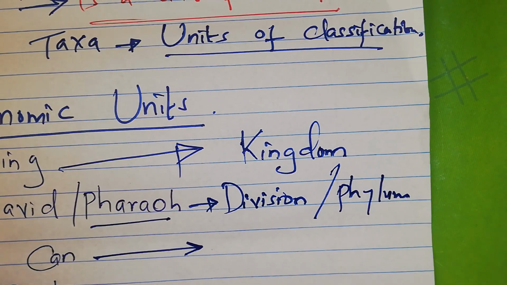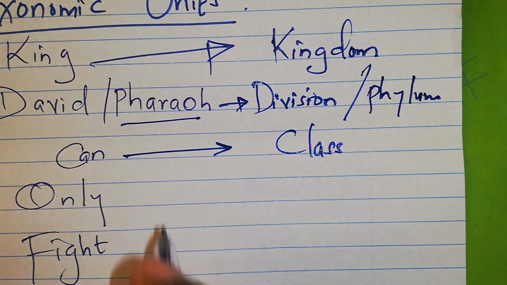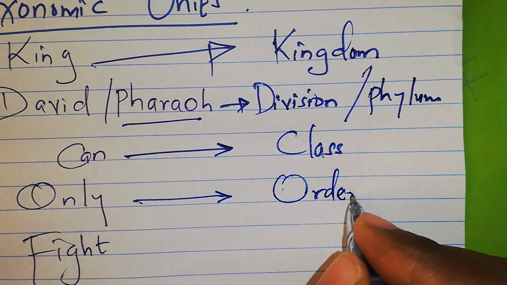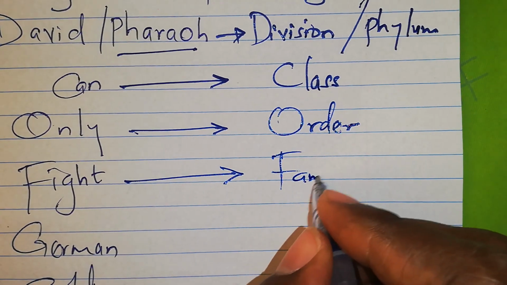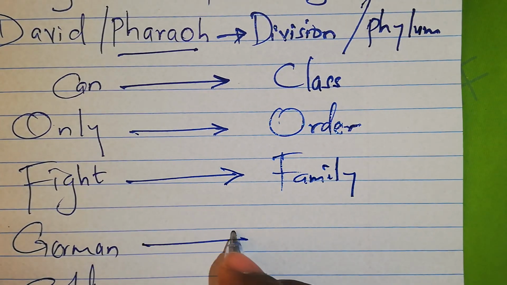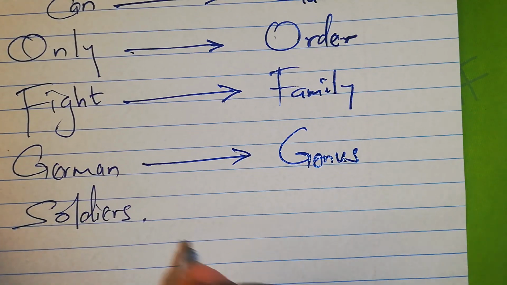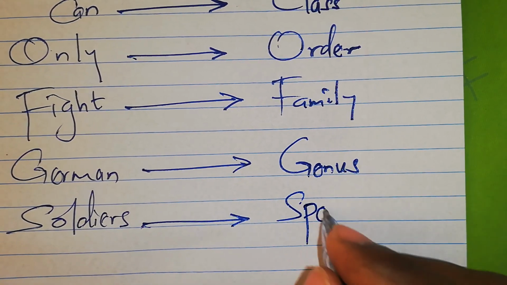Can stands for class. Then as we move down, only stands for order. Fight stands for family. German stands for genus. And lastly, soldiers stands for species.